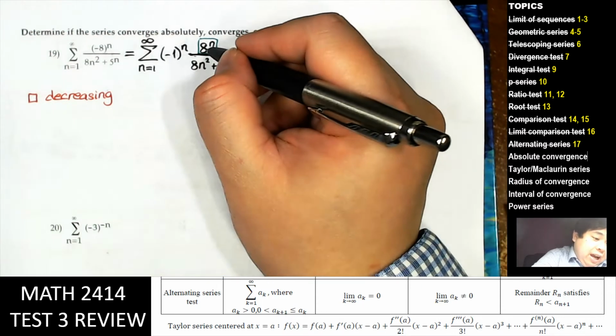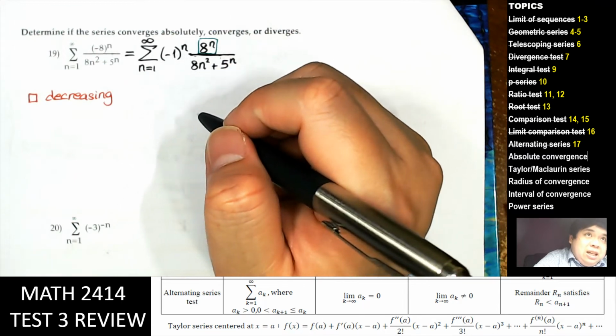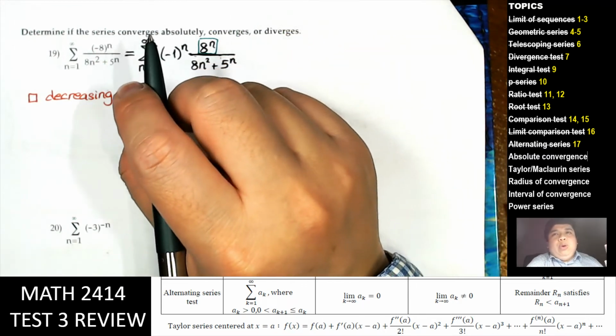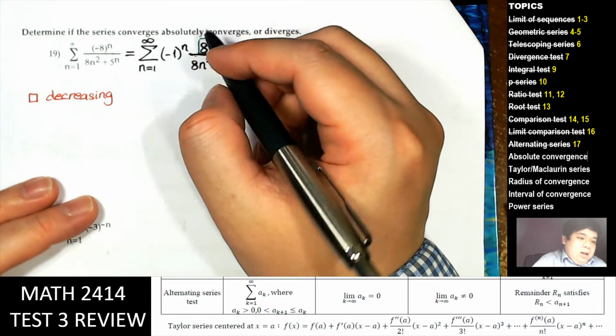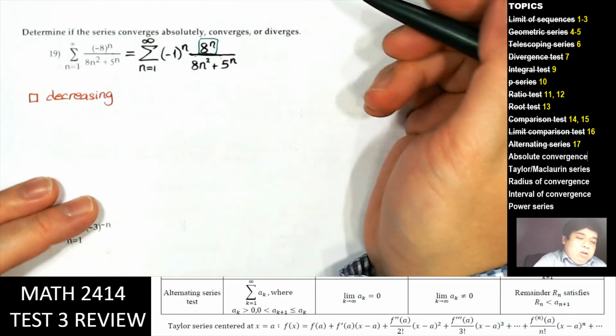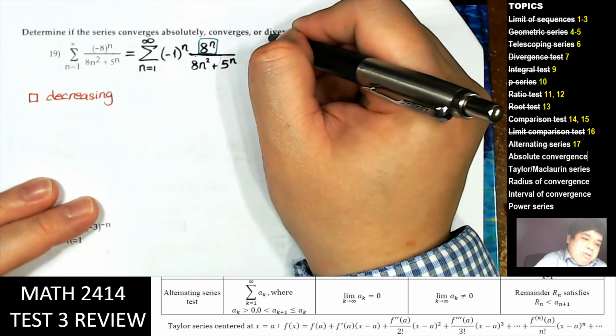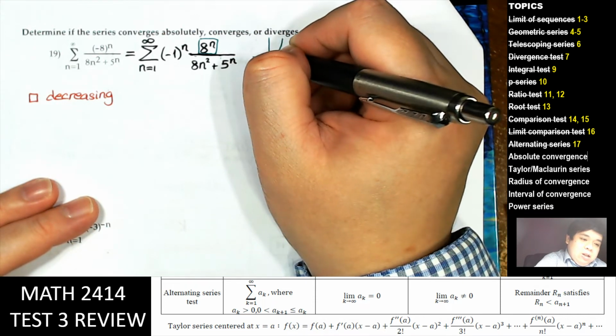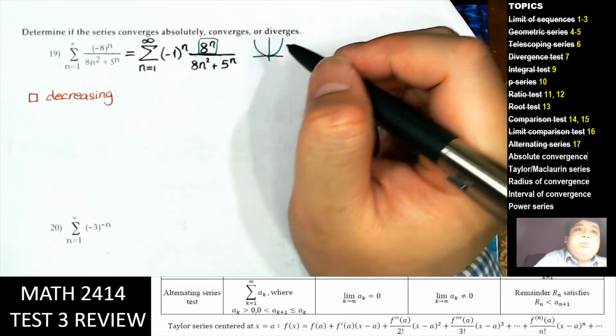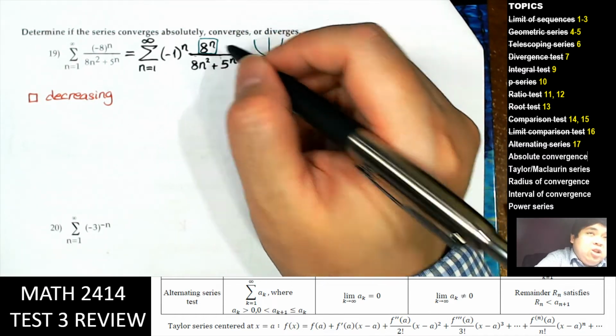Second, a^n is a lot bigger than 8n^2. I remember when we do the growth rate, if we take a look at the graph of n^2, it is just a quadratic function.